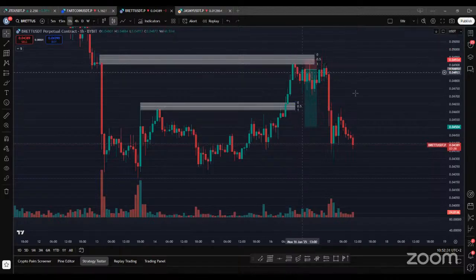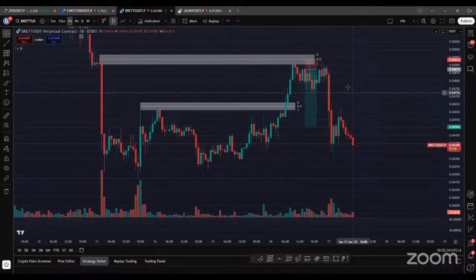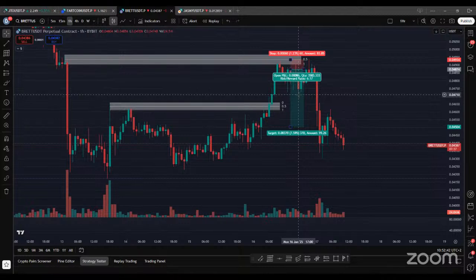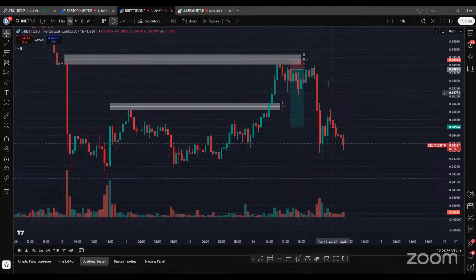And now the mistake I made was that I only put my stop loss on the 50% of this GAN box. And it started coming down and was doing okay, and then it retraced, and then unfortunately I wasn't really watching.